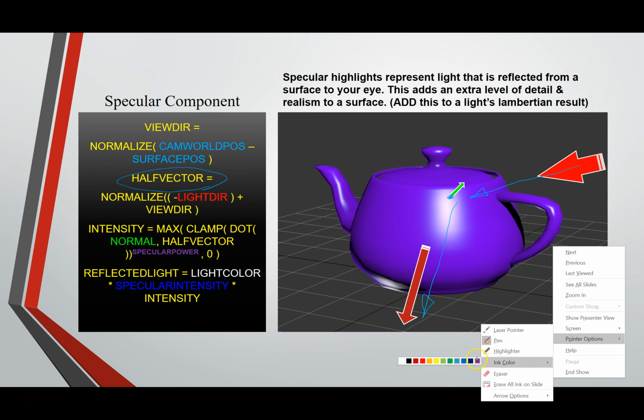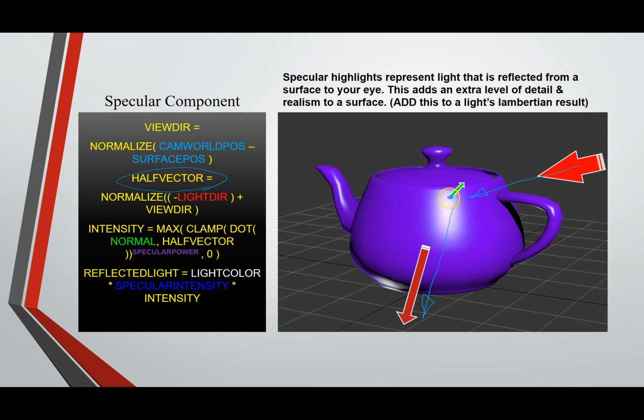Let's use purple. So we're going to flip that light direction. We already have our surface direction, or from our surface to our camera.